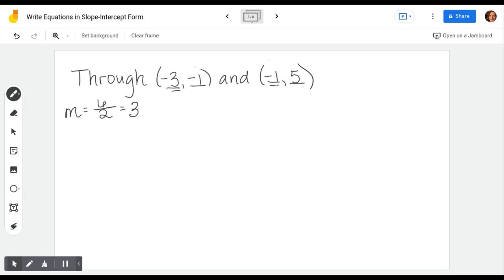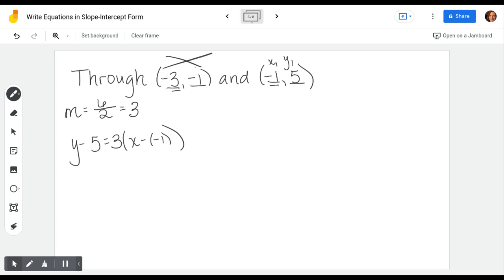I'm going to use the second point as my x1, y1. And I'm done with this one now. It was only there to help me get the slope. If you had individually decided to use the (3, -1), it's 100% fine. You're still going to get to the same end result as long as you do the math right. So I'm going to do y minus 5 equals 3 times x minus -1. And then I'm going to start simplifying.